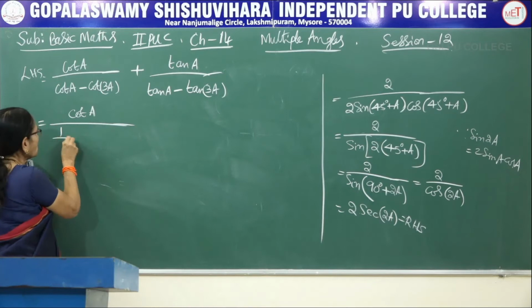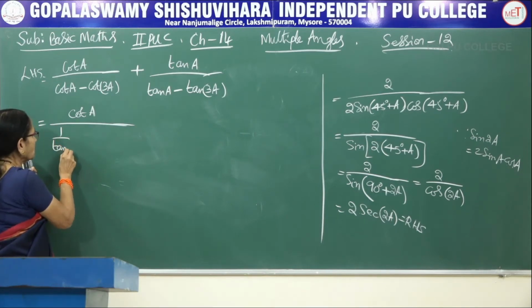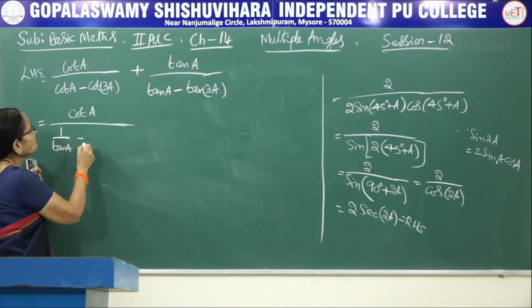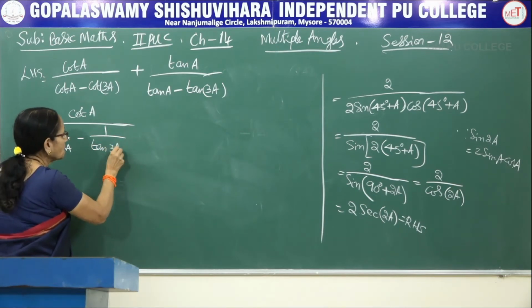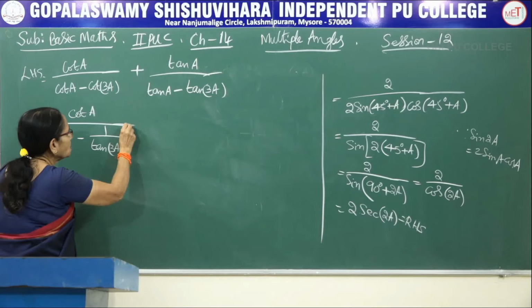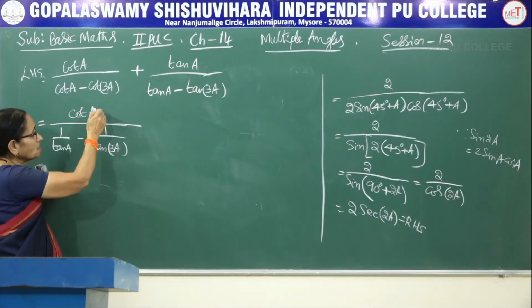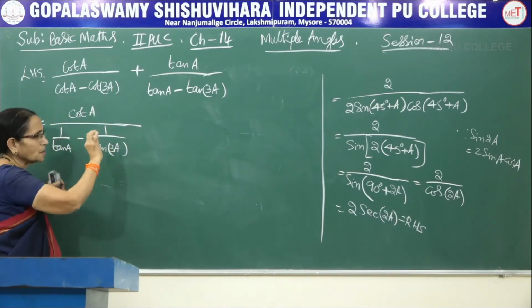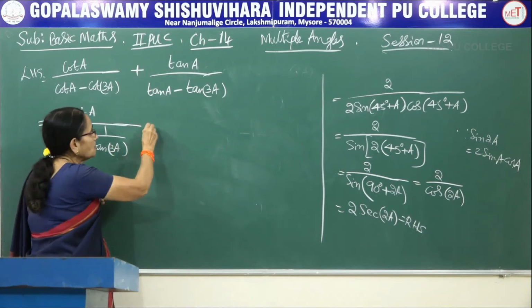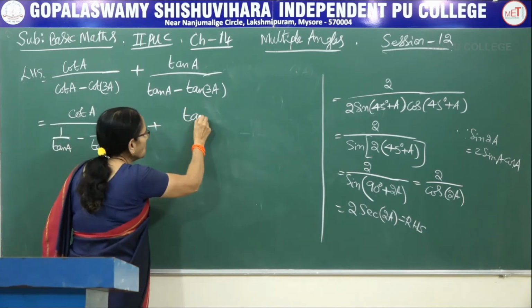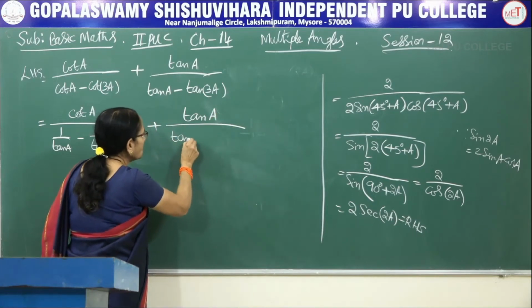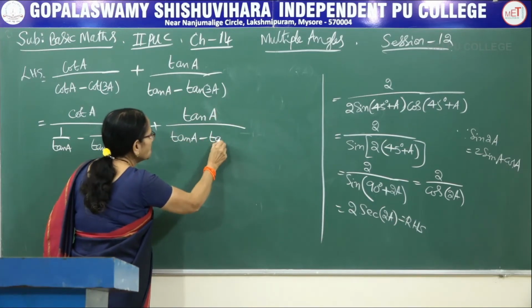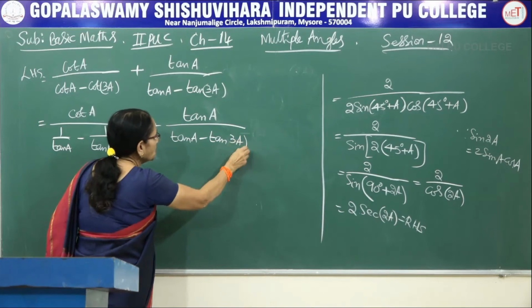One you write as 1 by tan A minus 1 by tan of 3A. When you are having a fraction here and there, this middle line you write a little longer. Plus here no problem, keep it as it is. Tan A divided by tan A minus tan of 3A.